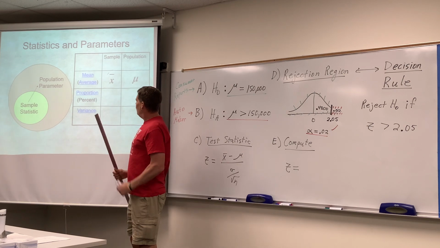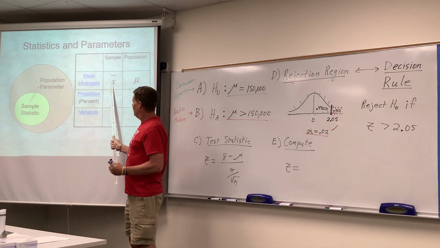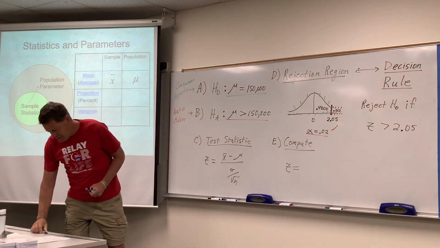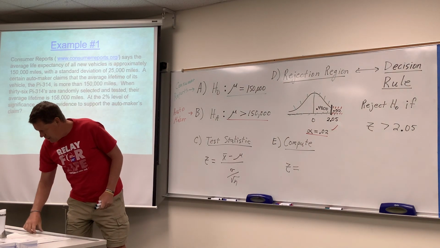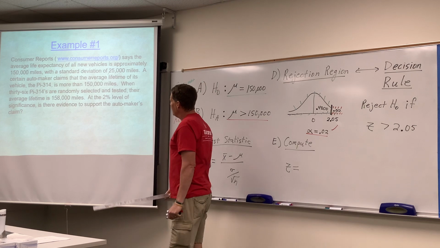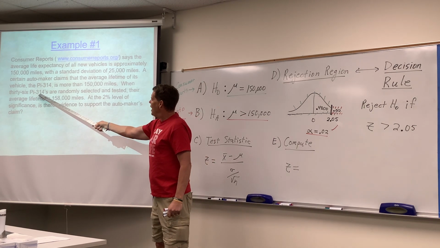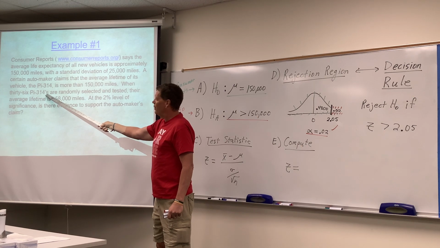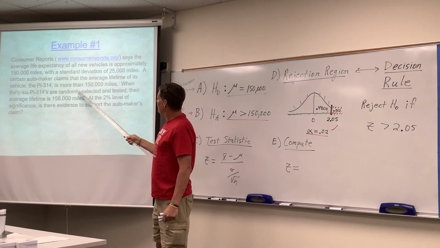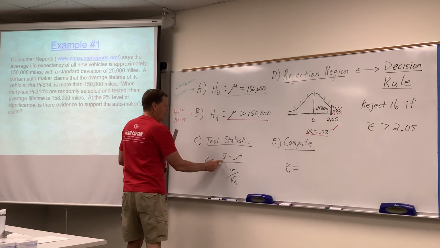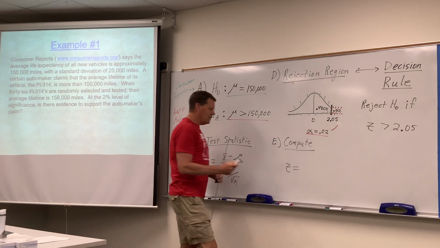So the point is, we go sample some cars and find the average mileage of those cars. So wouldn't that be mentioned in the sentence here where it says 36 Pi 314s are randomly selected and their average is 158,000 miles. That would be the mean of a sample, 158,000.